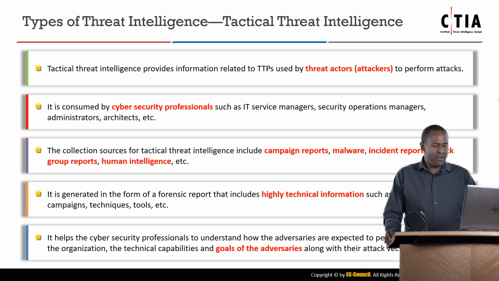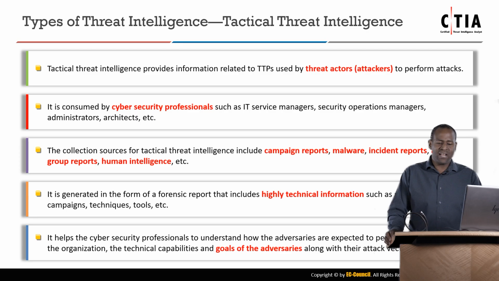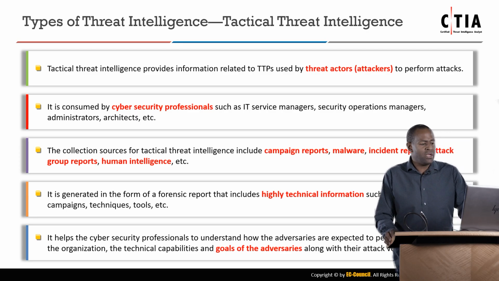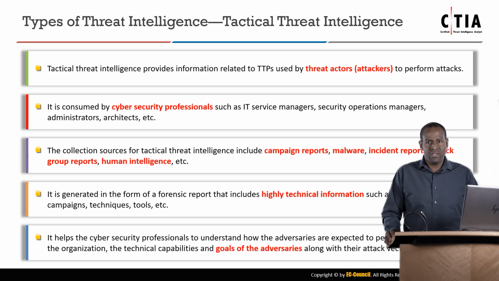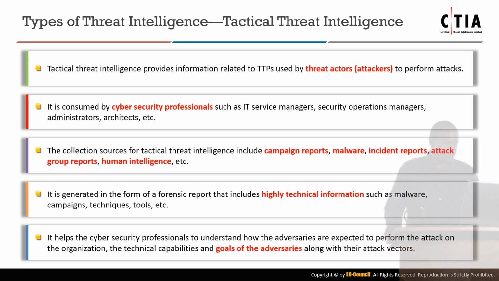We're going to look at malware and find out what the malware is, how it works. We're going to look at incident reports on our own systems, and we're going to benchmark systems around the world to try to make sure that we understand that tactical threat. What about attack group reports and human intelligence? We're going to look at a wide variety of resources to get that tactical threat intelligence.